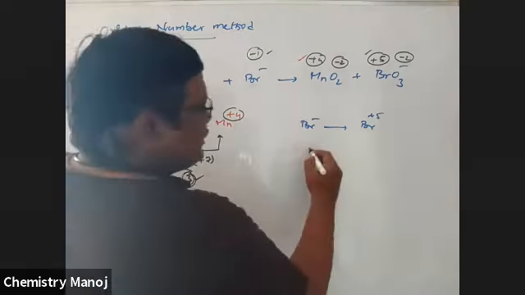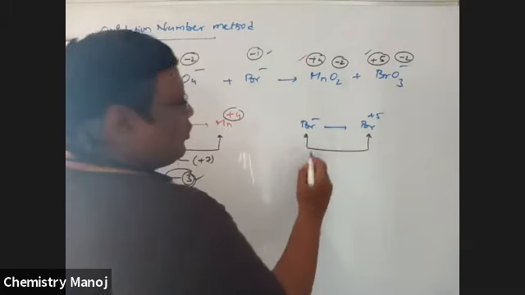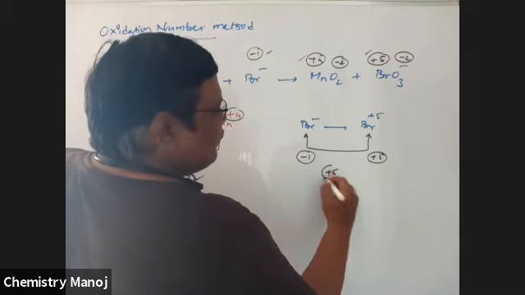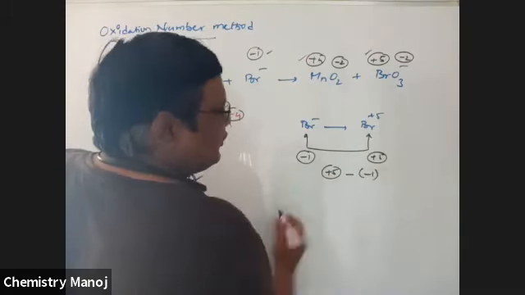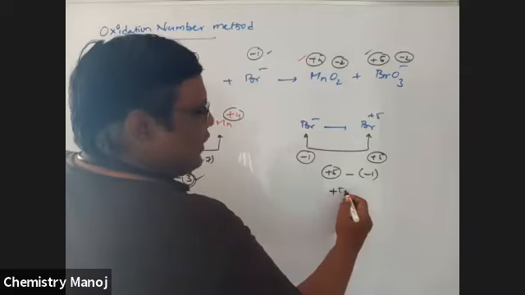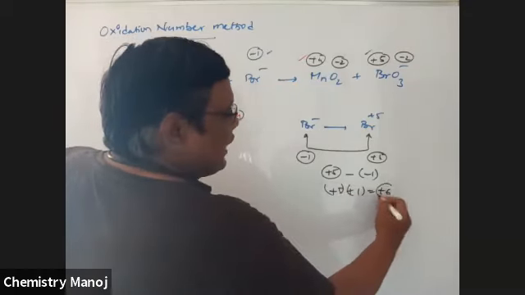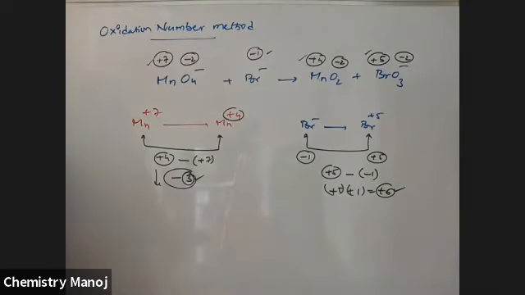Now the difference for bromine: it is -1 in the reactant and +5 in the product. Difference is +5 minus (-1), that is +5 plus 1, overall +6.